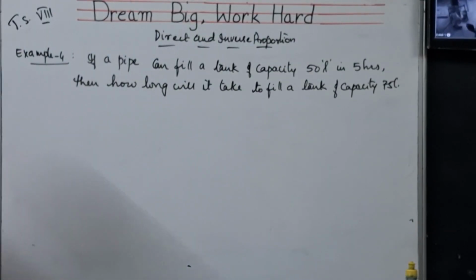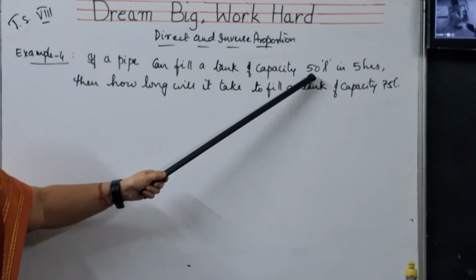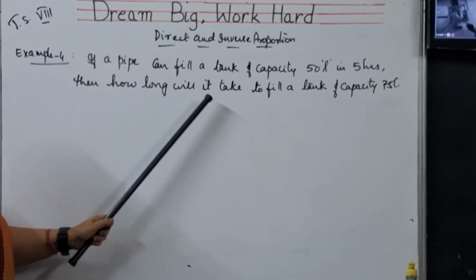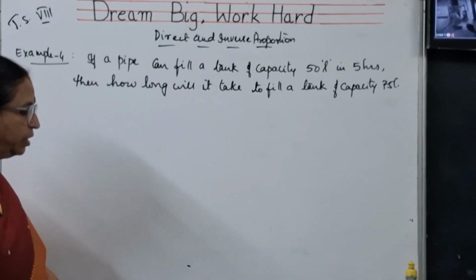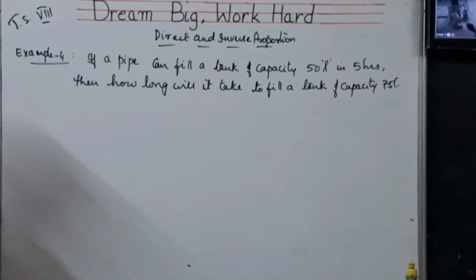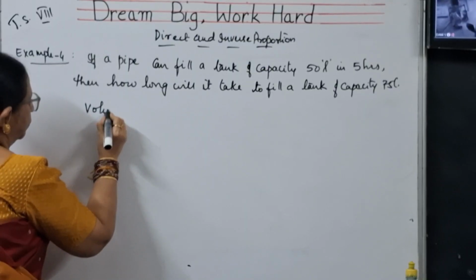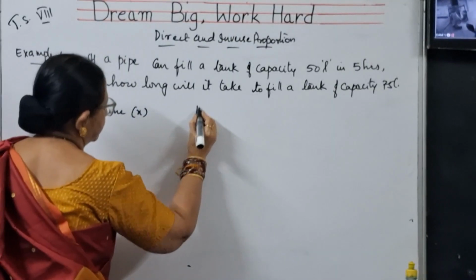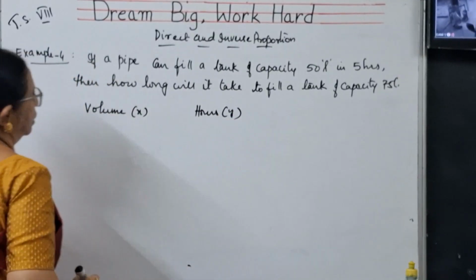Example 4, children. If a pipe can fill a tank of capacity 50 liters in 5 hours, then how long will it take to fill a tank of capacity 75 liters? This is the question. Capacity means volume, so volume is considered as x and hours is considered as y.